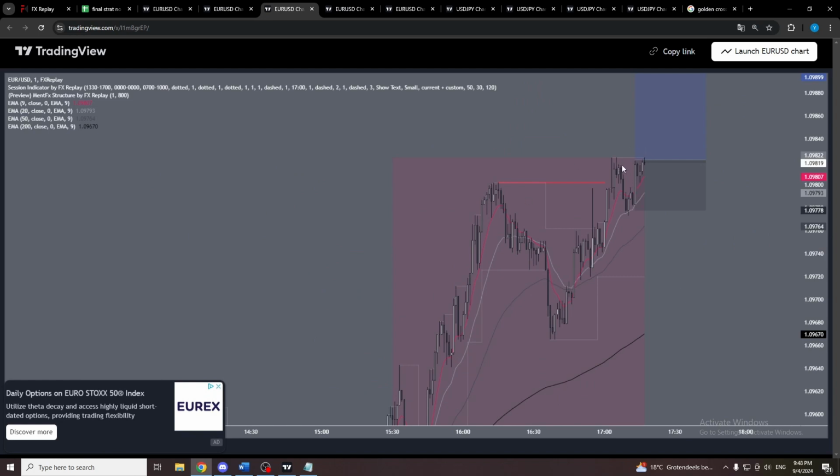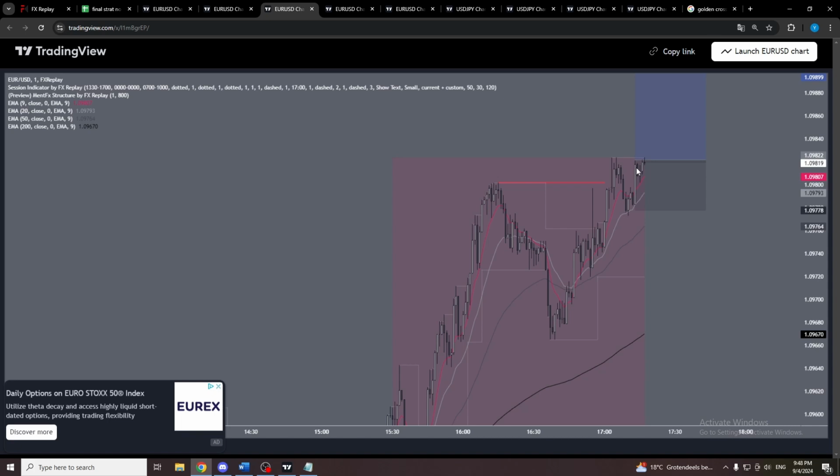You could be buy stopping this as well, but I'm going to explain what happened here because this is actually really nice. So I had no confirmation for a trade until this big white candle. Why? Because this candle closed below the 9 EMA, as I said, so I could not take a trade here. But I can take a trade once this candle closes.